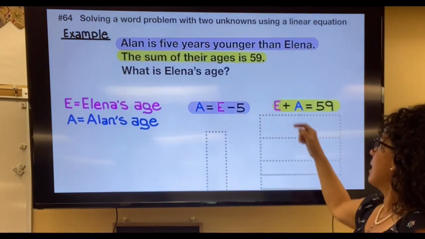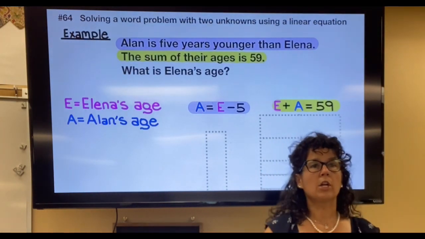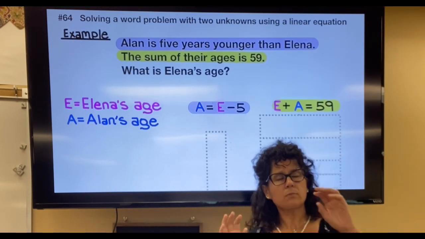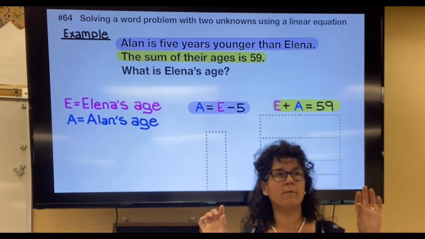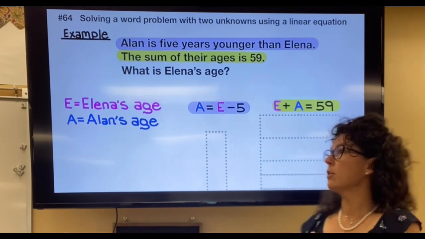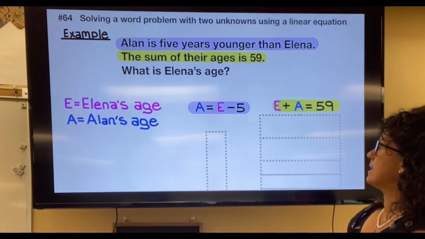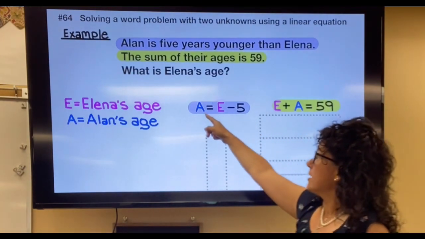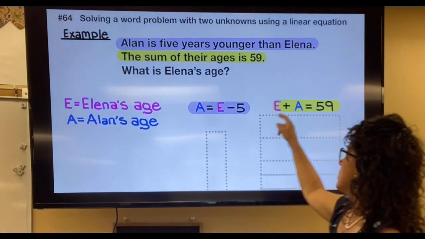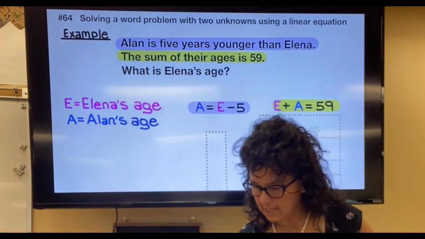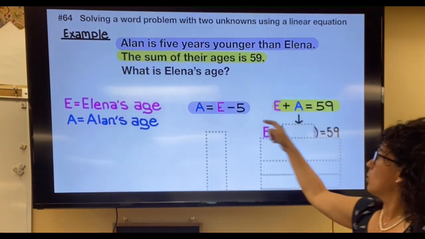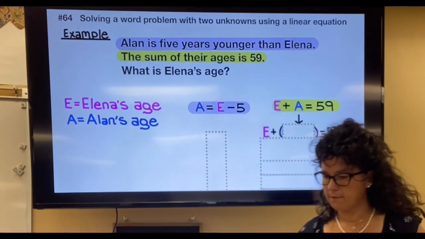Okay, so now that I have my two equations, we're going to use substitution because you can't solve an equation when there's more than one variable in it. So I either need an equation with all A's or all E's. A is already by itself here, so I'm going to come in and replace this A right here with E minus 5.